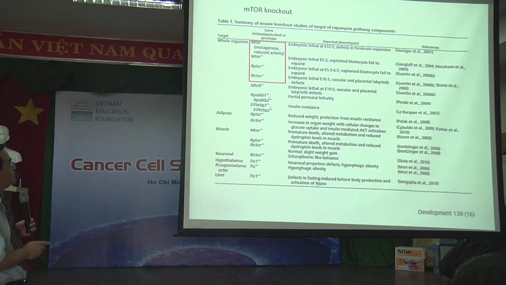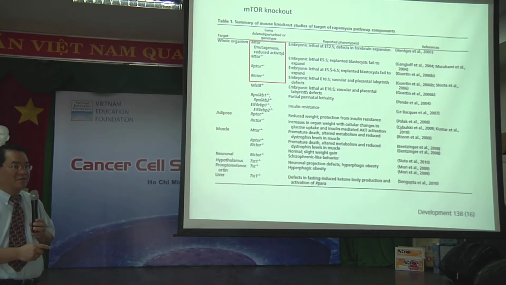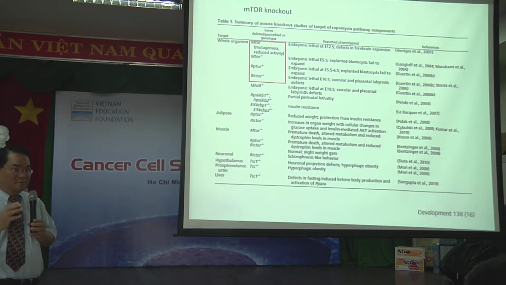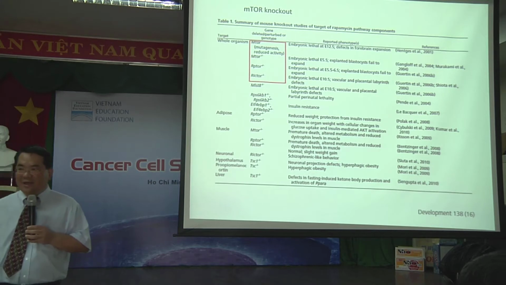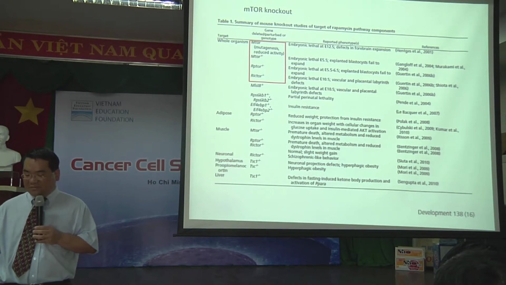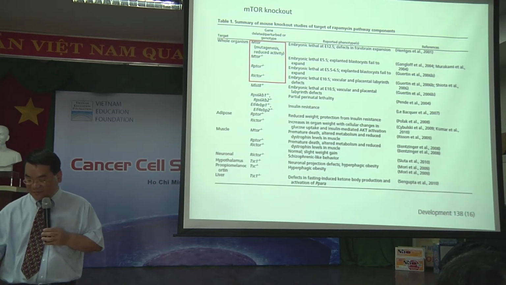Okay? Rictor and mTOR have been knocked out in the whole organism, and then they are embryonic lethal. As you know, that means that these proteins are very important during the cell proliferation process. You wipe it out, and the cell couldn't have enough growth signal to go further.